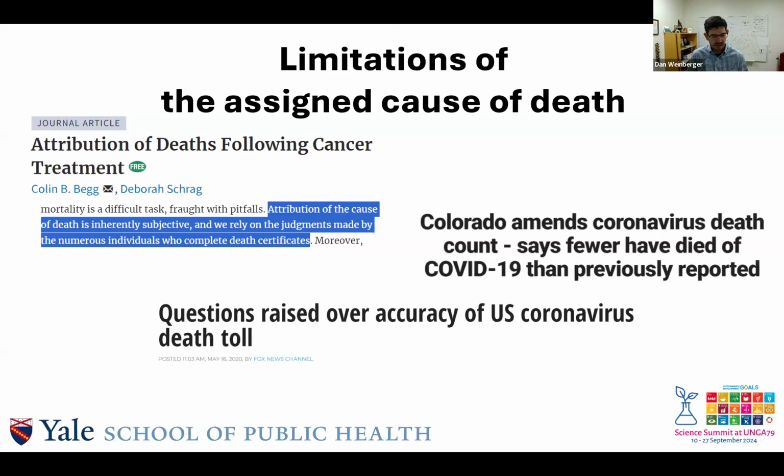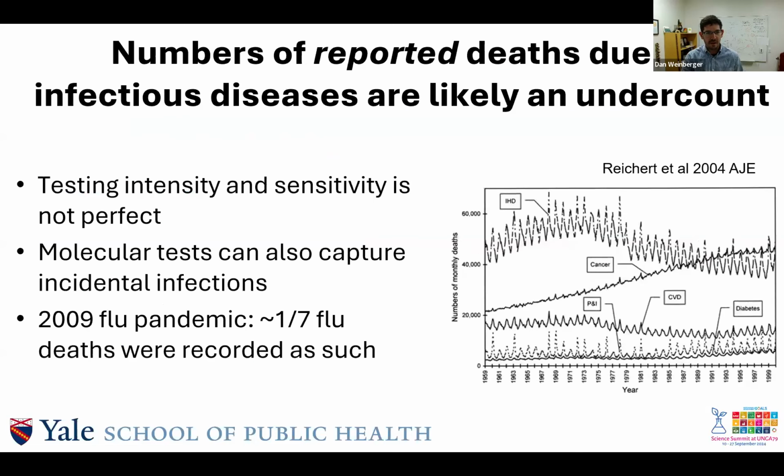We saw this come up as an issue a lot during the COVID pandemic, especially early on, when there was a lot of question about the reliability of the reported death toll due to COVID. There was a lot of assumption that the reported deaths were an undercount. There was some suggestion on the other side that it was potentially an overcount. But in general, there was a lot of mistrust of the official cause of death statistics, and an understanding that they weren't especially accurate.